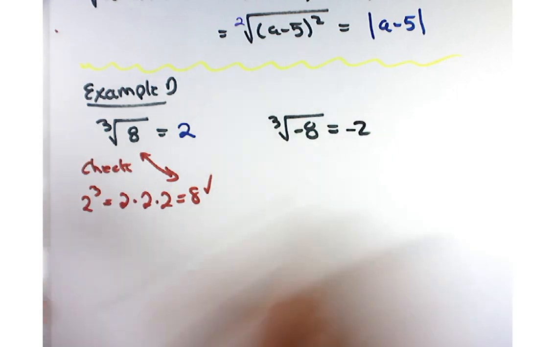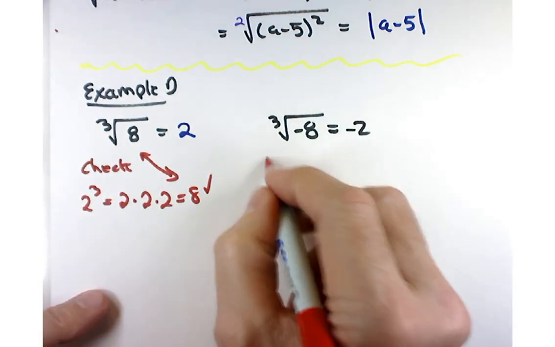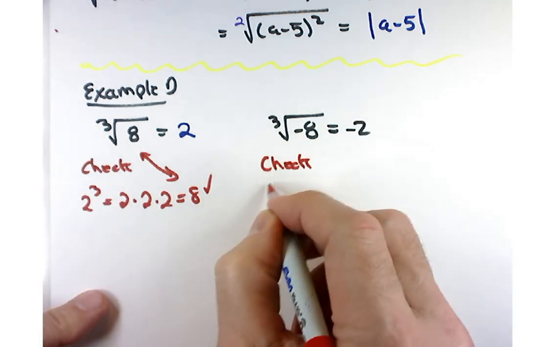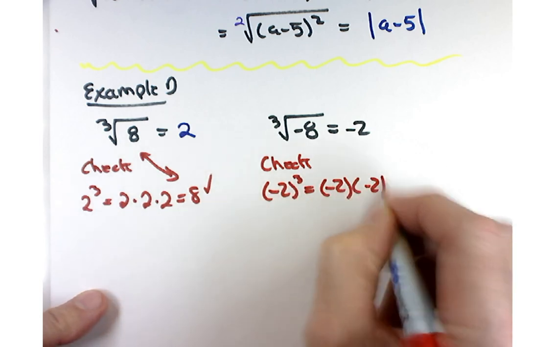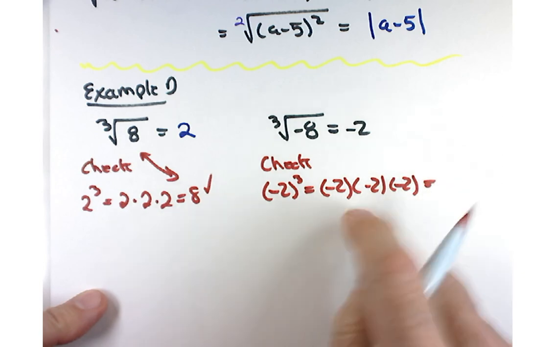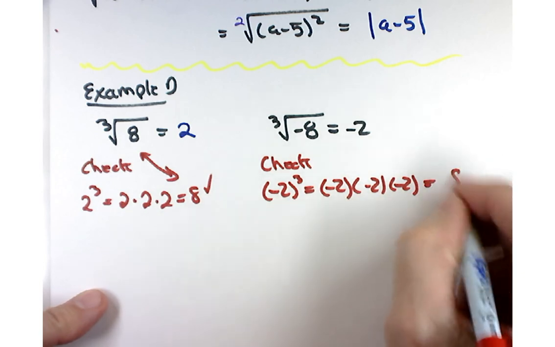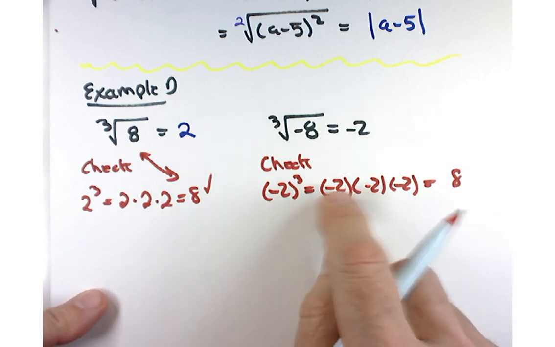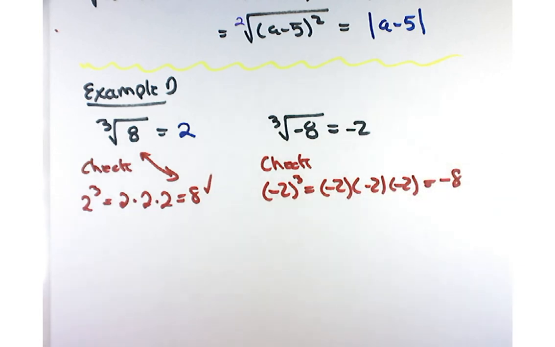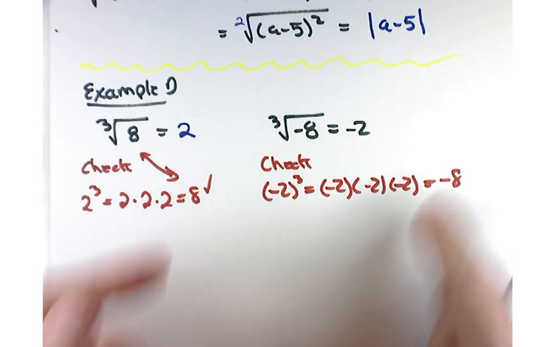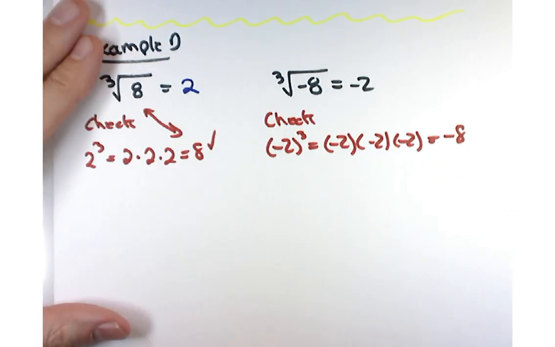And again, you can check it. -2 cubed is -2 times -2 times -2. 2 times 2 times 2 is 8. Positive, or excuse me, negative times a negative times a negative. You've got an odd number of negative signs. Odd number of negative signs, let me say that again. So you're going to get a negative product. Yay.